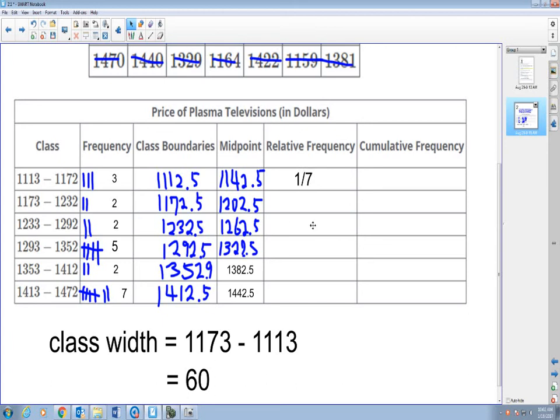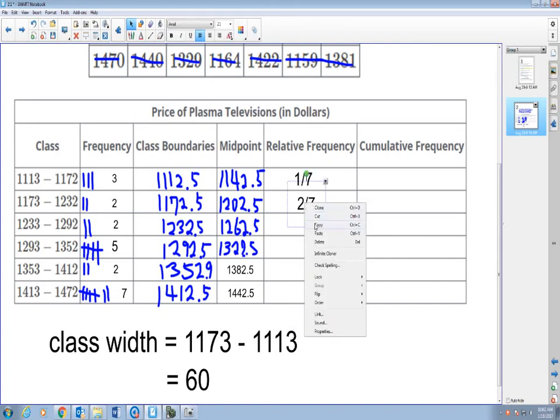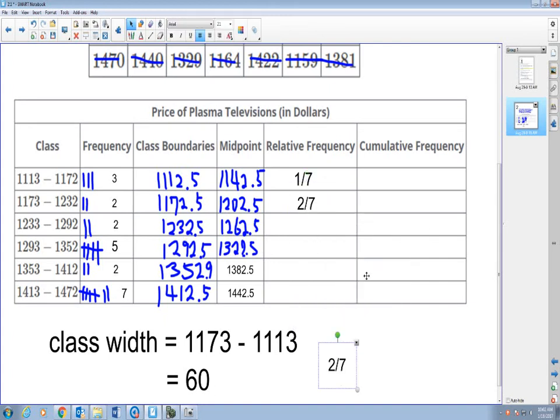The next one is 2 out of 7. The next one is 2 out of 7. 5 out of 7. 2 out of 7 again.